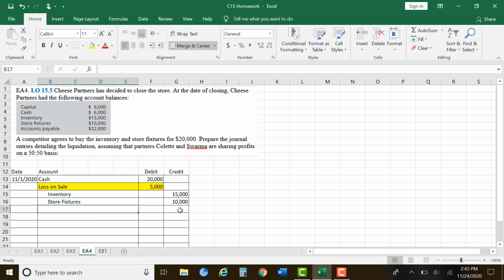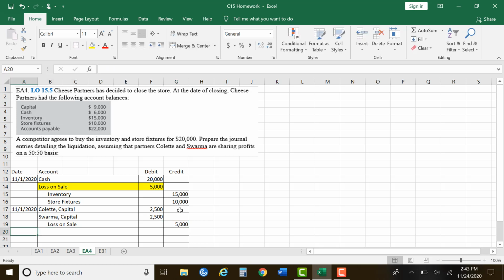I better put it up here, make sure I don't lose squares. So half of it's going to come from Colette Capital and Swarma Capital, and they're both going to take a 50-50 split of that. So 2,500, 2,500, and that'll clean out the loss on sale of 5,000.